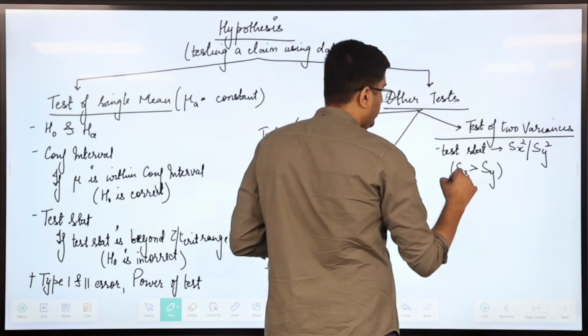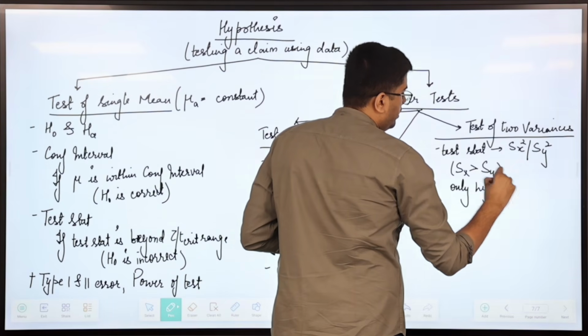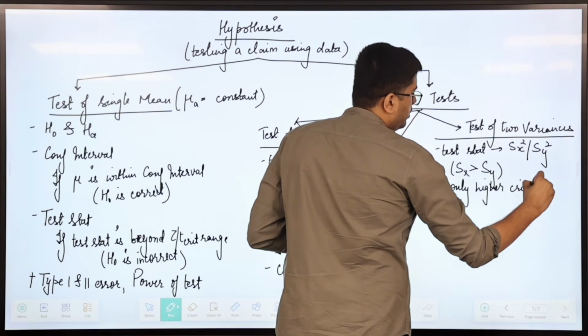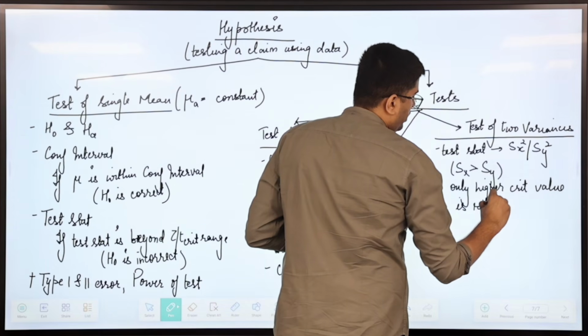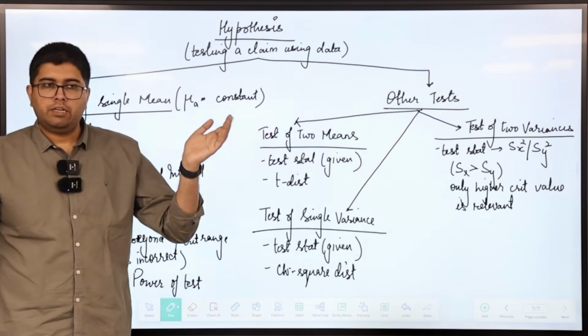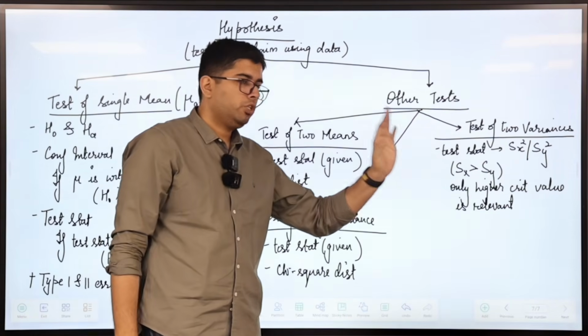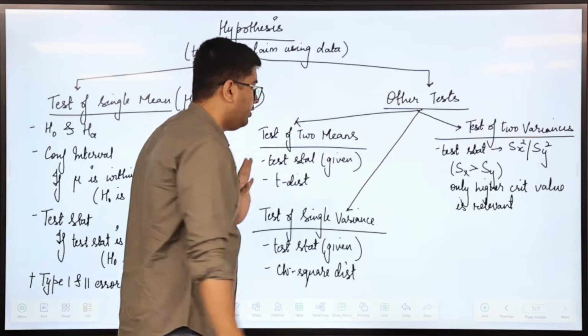Due to this, only higher critical value is relevant. So on the graph, critical value would be lower and higher. Because of this assumption, you never need to bother with the lower half. So your tables will only tell you the higher critical value.